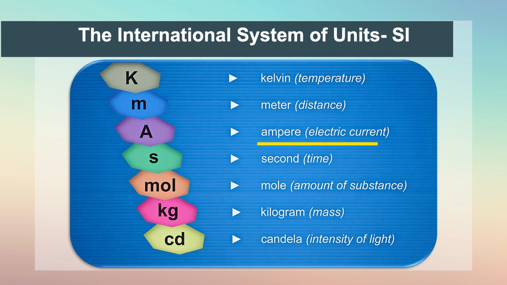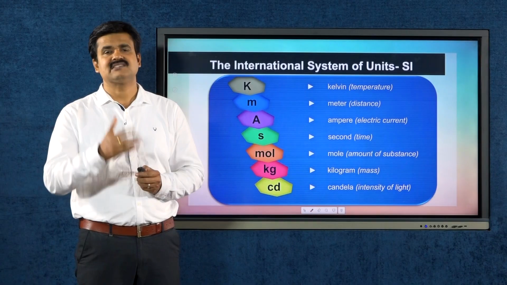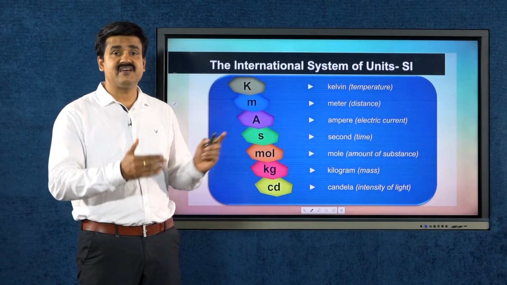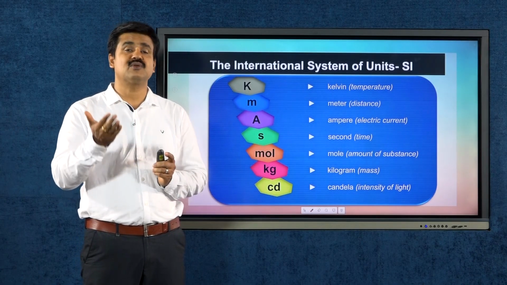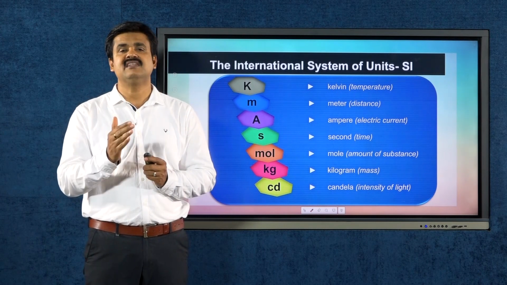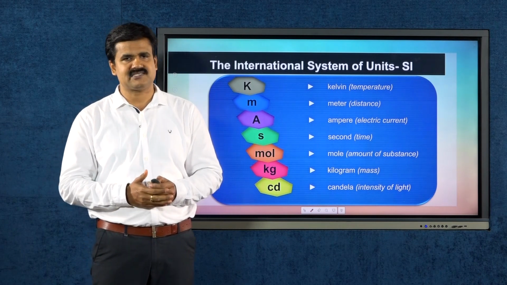Third one, ampere, which represents electrical current. Next one is second, which represents the time. Mole represents amount of substance. Kilogram represents mass. And finally, candela represents intensity of light. So, these are 7 basic units or 7 base units in the SI system of units.